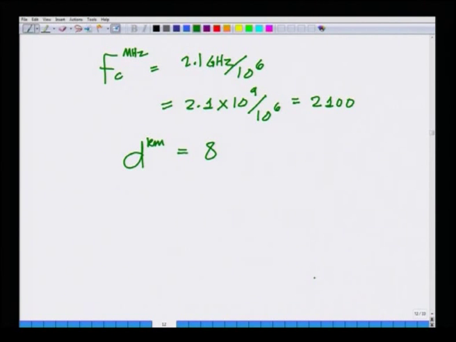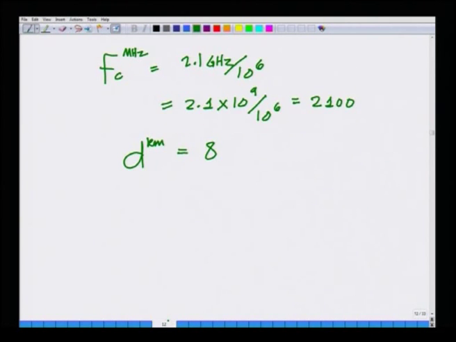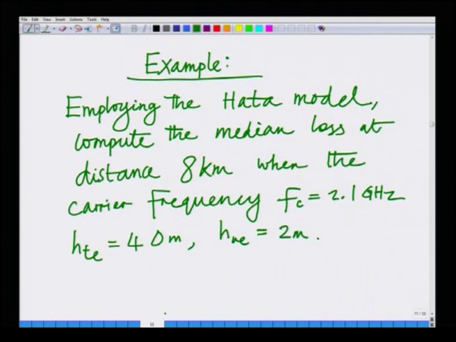We have the mobile antenna correction factor, and going back to this expression for the correction factor, we know that the carrier frequency is 2.1 gigahertz, greater than 300 megahertz. Also, it is given that it is a large city, hence we use 3.2 log 10 11.75 HRE square.